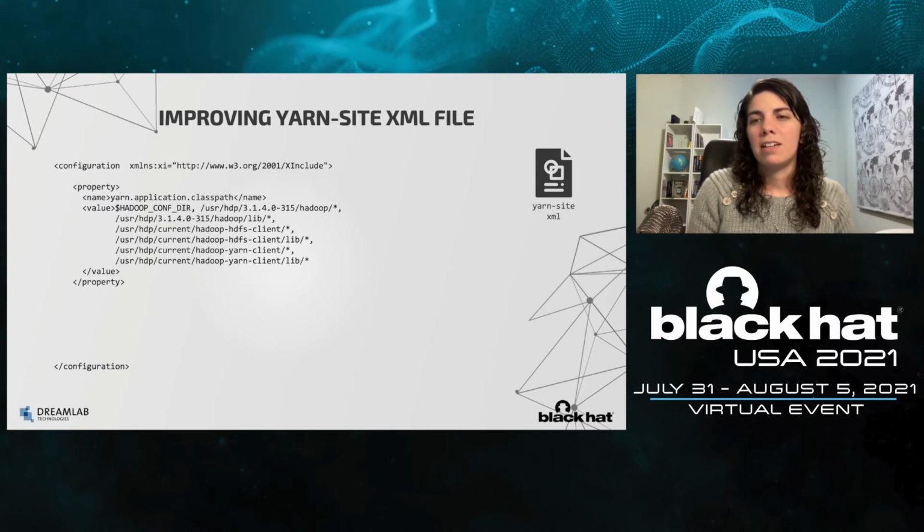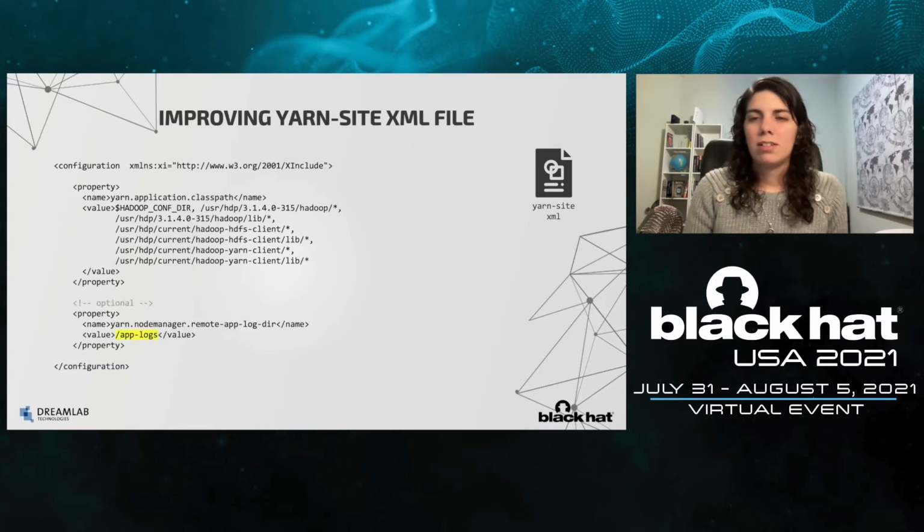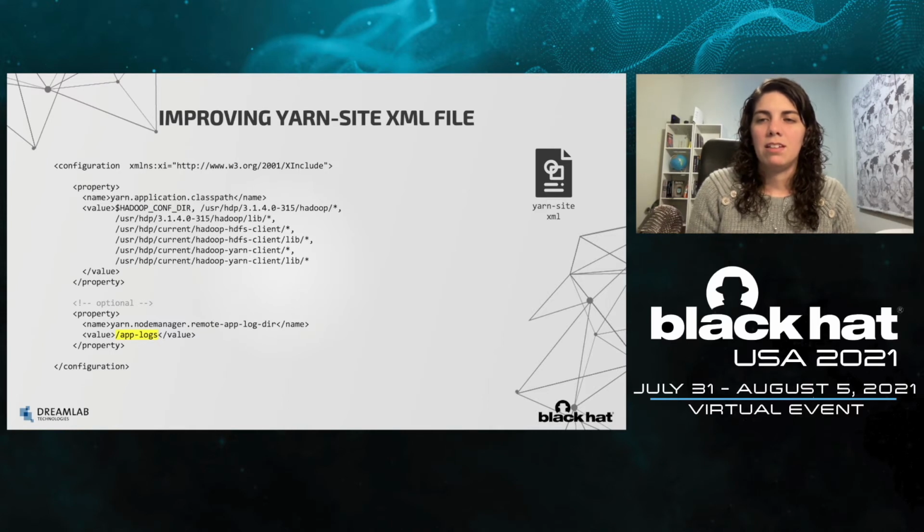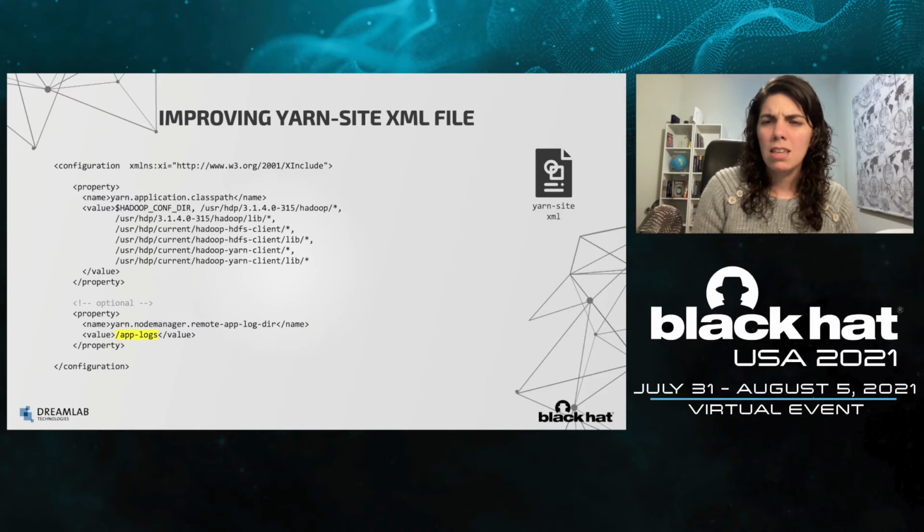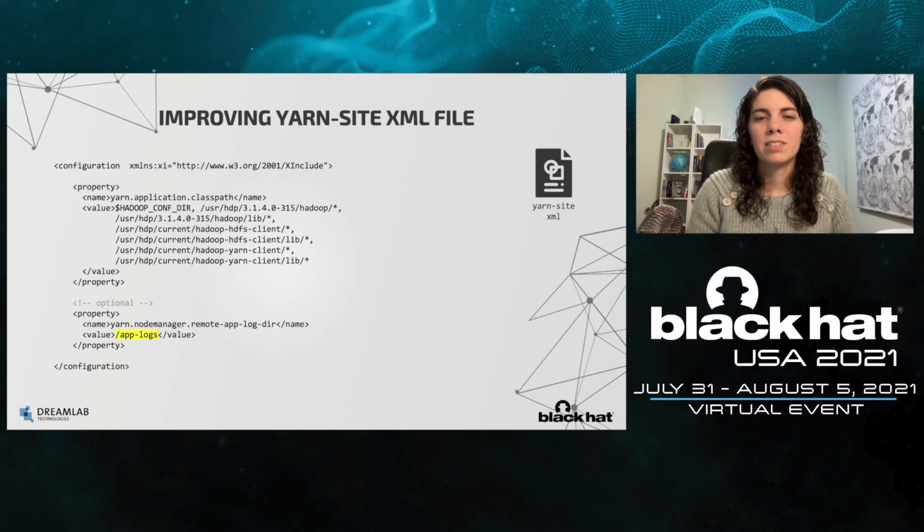In the example here, we can see the default path for installations using the Hortonworks packages. Then this other property is optional. It will specify the application's output path in the Hadoop file system. It might be useful for us to easily find the output of the remote code execution, but it's not necessary.